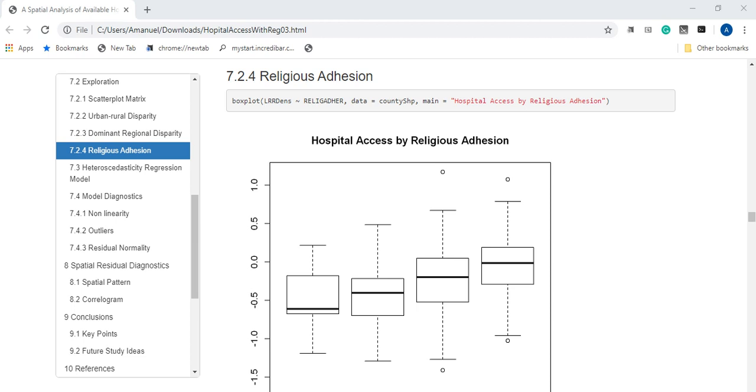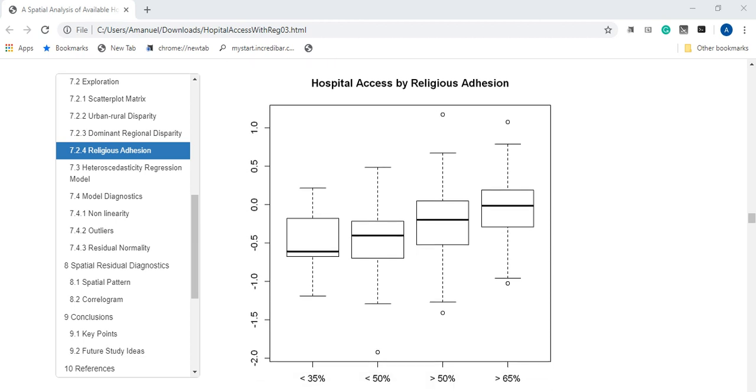Another important factor is religious adherence. As we can see from this box plot, as the population becomes more religiously affiliated, the supply, or the access, of hospitals increases. This is maybe due to communities looking out for each other.